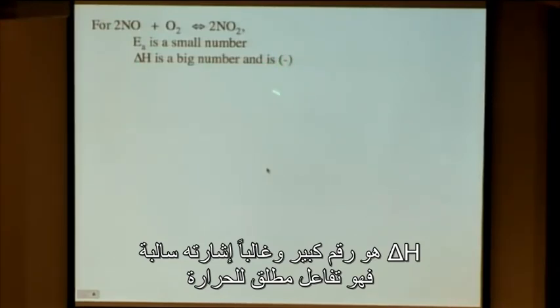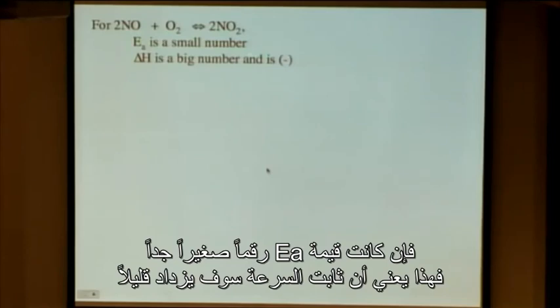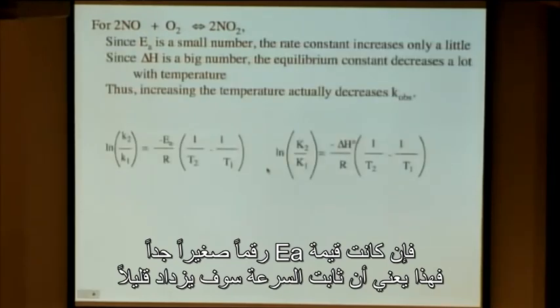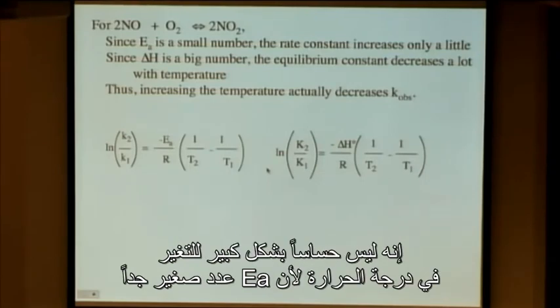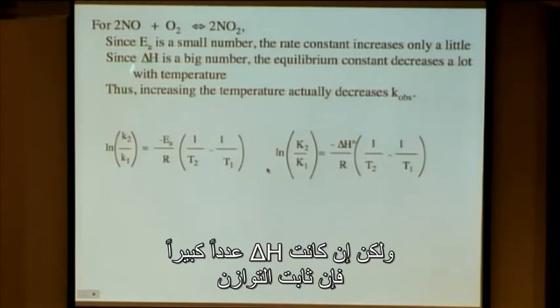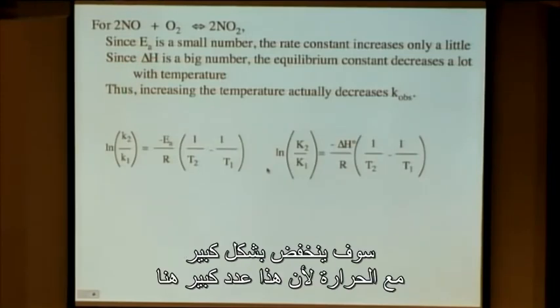It's an exothermic reaction. So if you have a very small number for EA, the rate constant will increase only a little bit. It's not that sensitive to a change in temperature. But if delta H is a big number, then the equilibrium constant would decrease a lot with temperature.